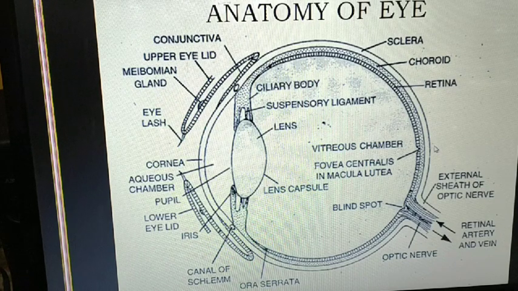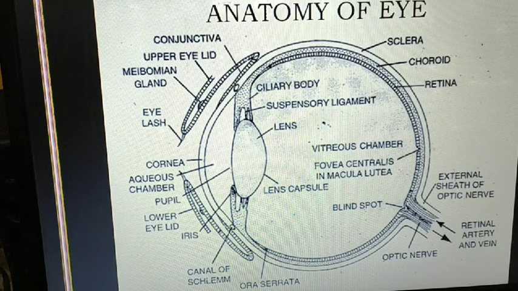Beside this yellow spot, here you can see the blind spot, through which the nerves, arteries and veins pass. It is devoid of receptor cells.